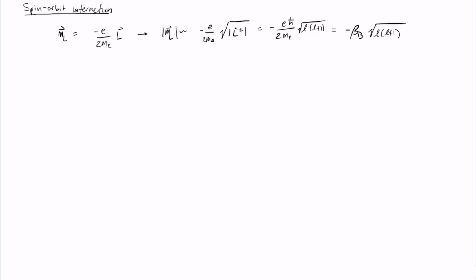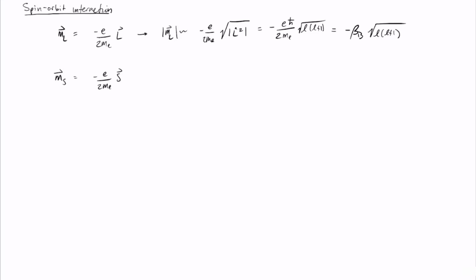We'd be tempted to write the same expression now for the spin angular momentum, right? Because the spin angular momentum should have a similar form. We can choose the same charge and the same mass. But now instead of the orbital angular momentum vector, it's the spin angular momentum vector.